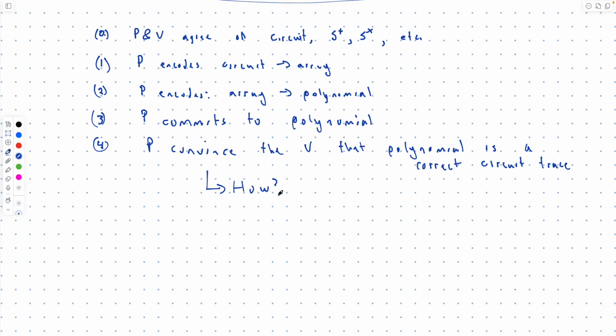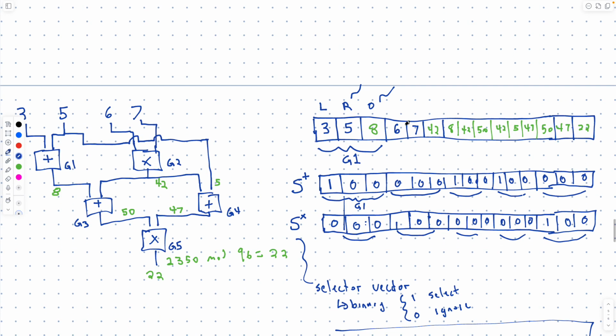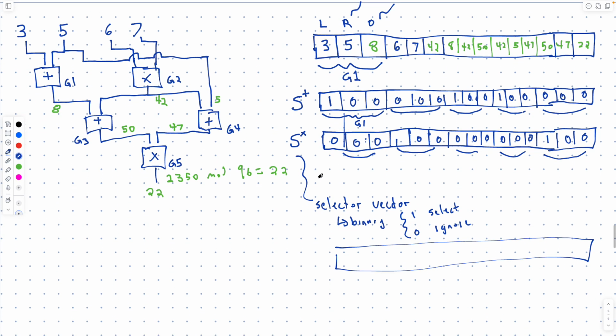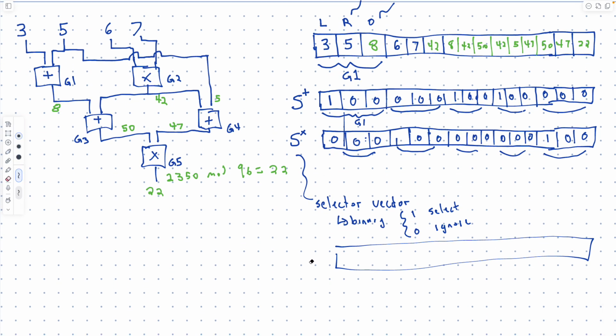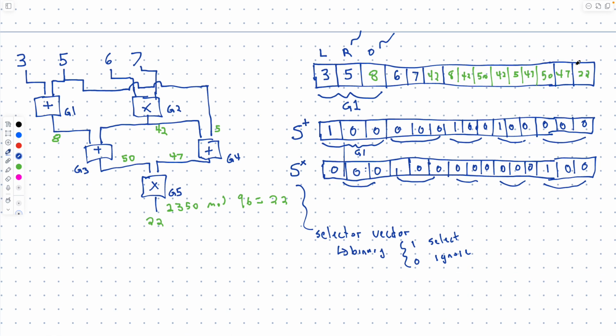How do I convince you that this is correct? Or better yet, forget about how is hard, but what do I need to convince you of? Okay, I tell you that this is right. This is a correct trace of this circuit. Okay, what does that mean for it to be correct?